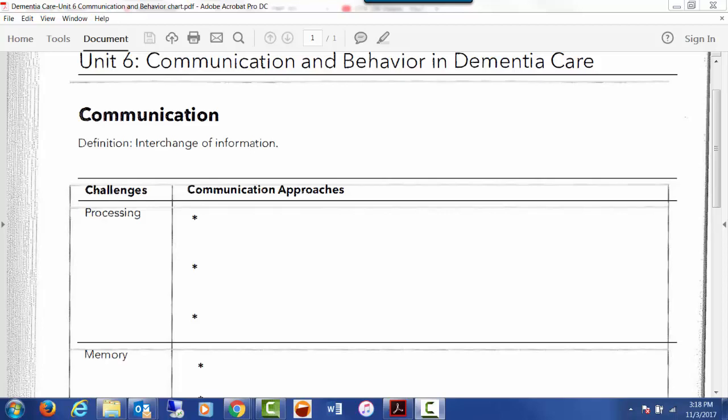First of all, the challenge of processing. The first best communication approach is to speak in short sentences and avoid lengthy run-on sentences packed with steps and steps.